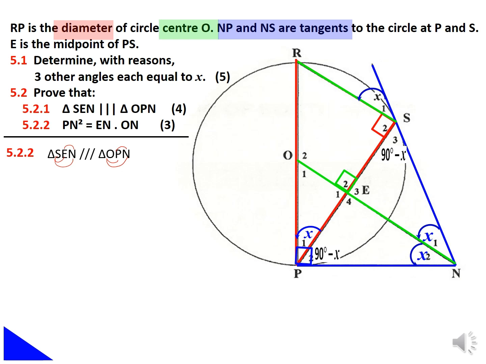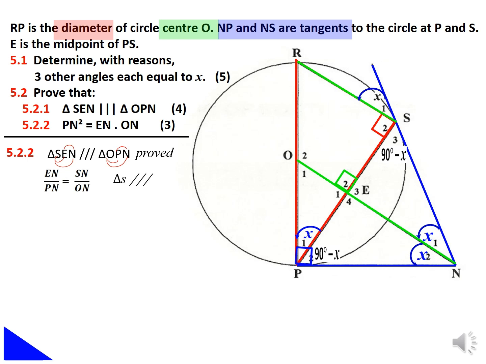If you divide one side of the triangle by the other side and do the same in the next triangle, the fractions that you create are equivalent to each other. So in this case, EN divided by PN, I divided the second letter by the third letter, that's EN, and the second letter by the third letter in the next triangle. The answer is the same as SN over ON. This is coming from the similar triangles.